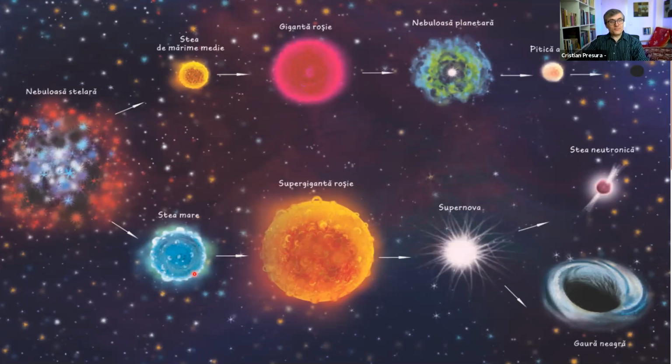This blue star usually lives less time, because the larger the star, the higher the temperature and the faster it burns. This also has a life cycle. And at the end of the last life cycle, this star is going to shed the outer layer. So instead of becoming a red giant, like the sun, it is going to become a super red giant, an even higher one.